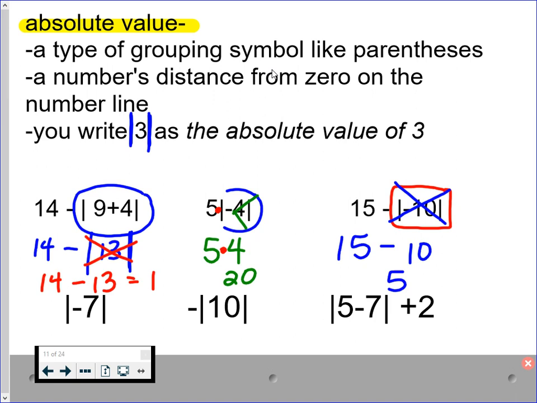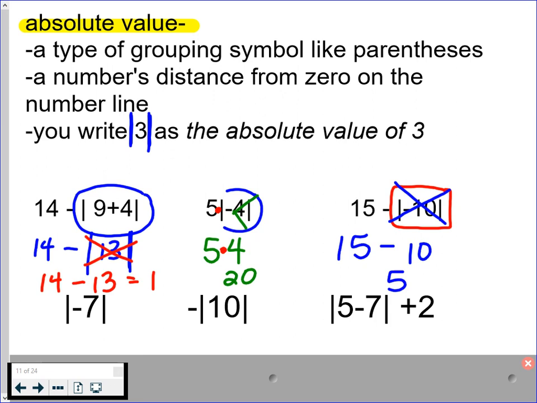A couple other tricky things. How far away is -7 from 0? Just 7 spots. How far away is +10 from 0? 10. But that's weird.